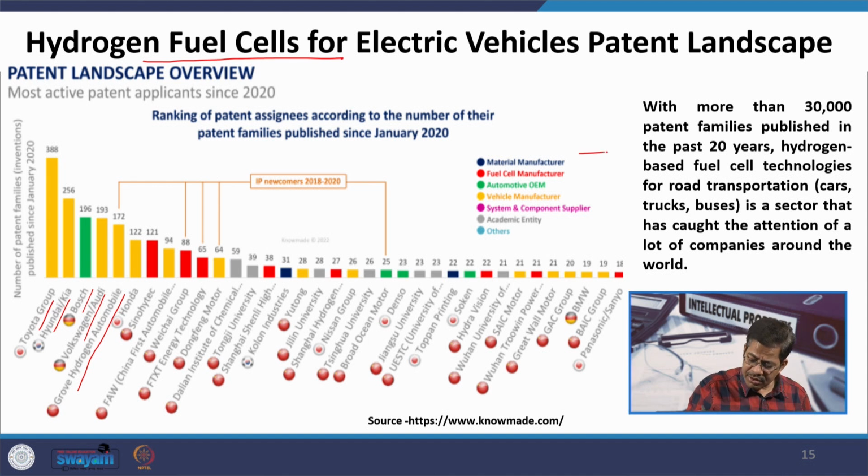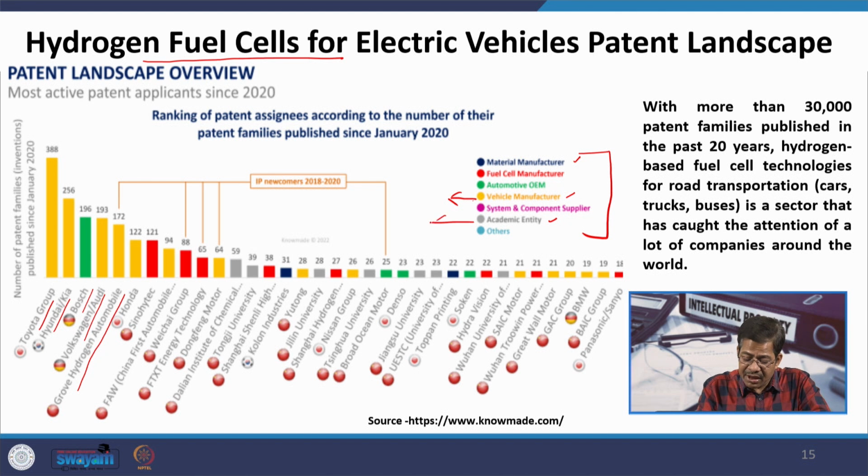And in this also, using these different color codings, you have also specified the type of organization, who are material manufacturers, who are academic entities, who are vehicle manufacturers. So, for example, you see yellow color, they are the vehicle manufacturers. So, vehicle: Toyota, Hyundai, and then Audi, etc. All these are vehicle manufacturers.